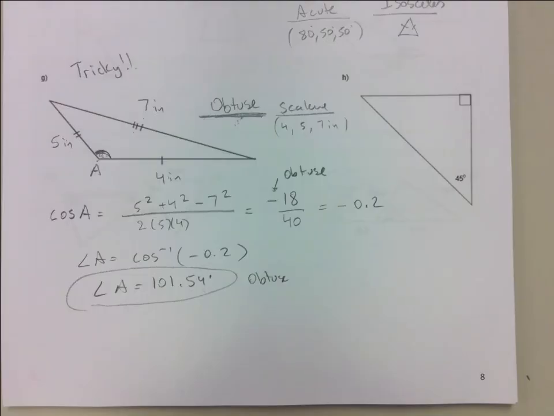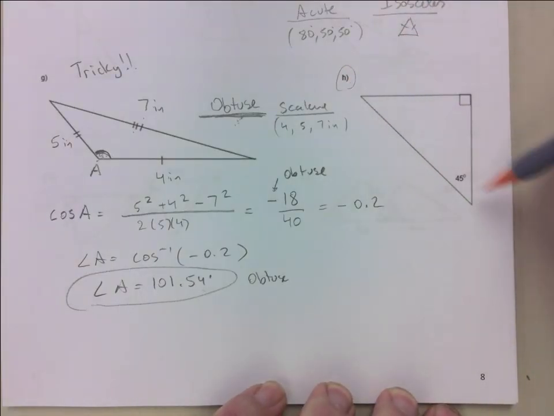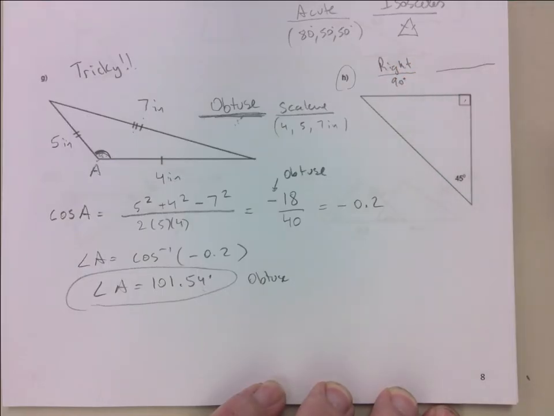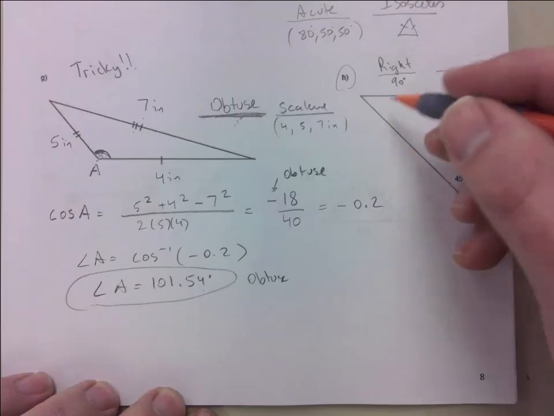Okay, the last one. You're with me, right? This one. What do we know in terms of angle? It's right. Because of the 90, right? What do we know in terms of the side lengths? This is 45?